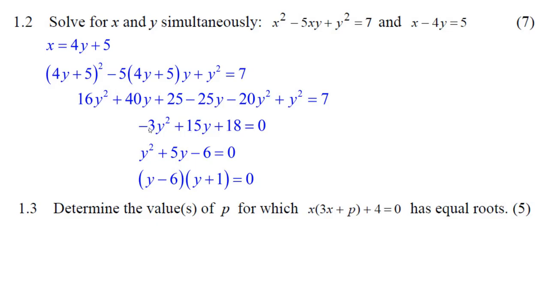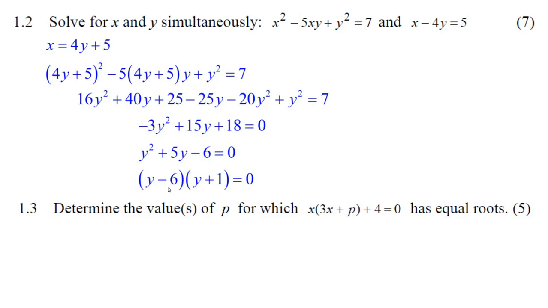Negative 3 divided by negative 3 is y squared. 15 divided by negative 3 should be minus 5y, and that should be a minus there. It says plus, but I meant it to be a minus, because down here it's right. Anyways, 18 divided by minus 3, that's minus 6. So this is y squared minus 5y minus 6 equals 0.